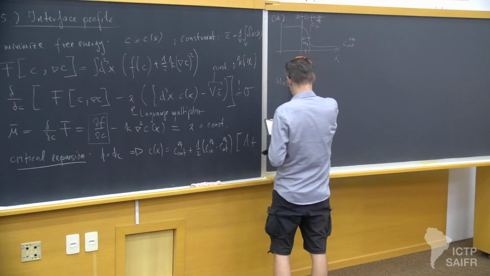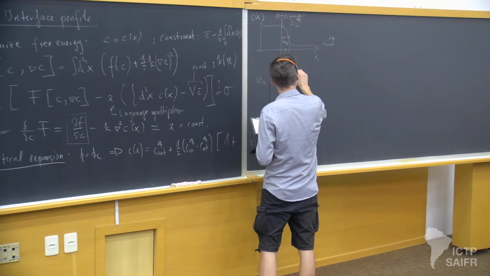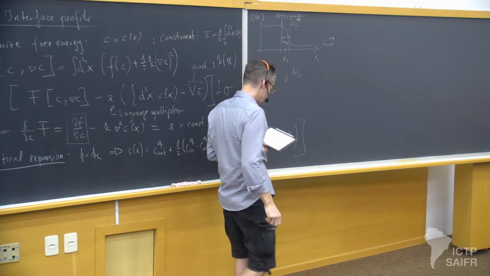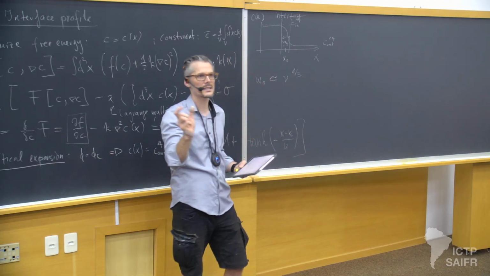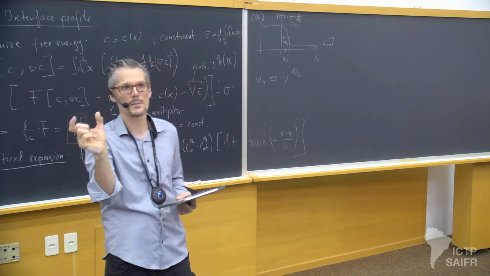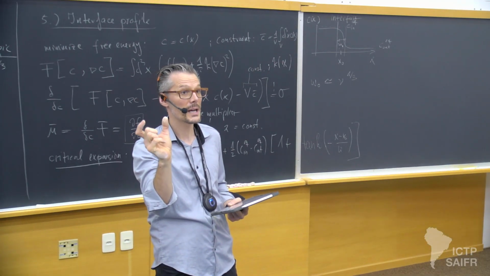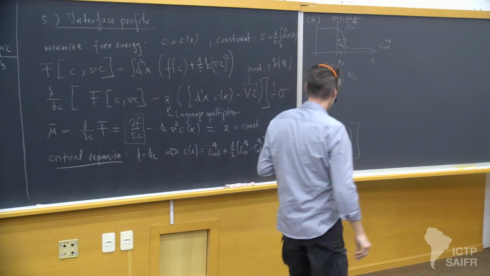And when you do this, you find exactly what we expect. The length scale of the interfacial width is first of all set by the size of the molecules. So it's really almost a microscopic length scale.